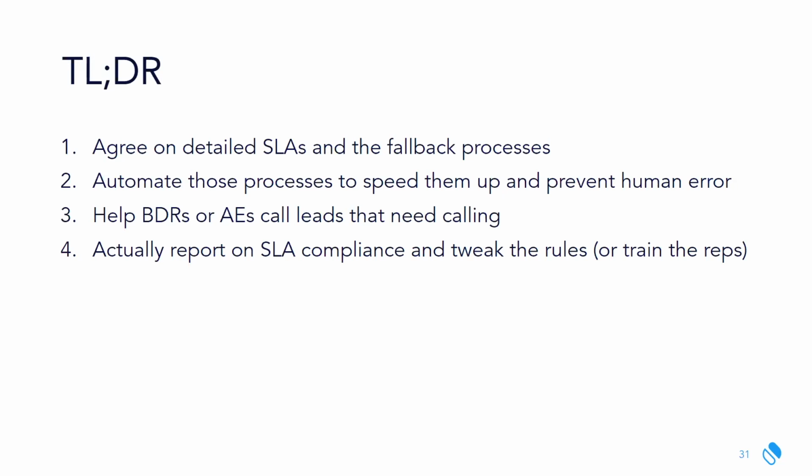We want to make it as easy as possible for our people calling on our leads to manage what their queue looks like and enable them to quickly see what is still action required here. And then actually report on this both in real time and historically so that we can maybe adjust the rules if it makes sense, or double down on training.